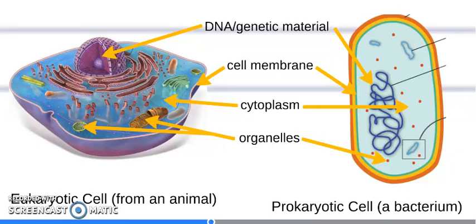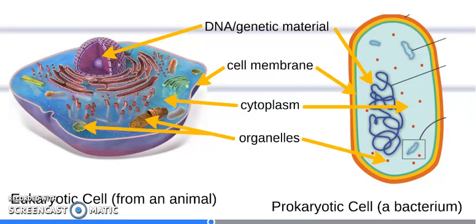First of all is the DNA, or the genetic material. In the animal cell, it looks like a ball. It has its own nuclear envelope around it, whereas a prokaryotic cell just has a section that the DNA floats around in, but they both have DNA. Both have cell membranes. Both have cytoplasm.